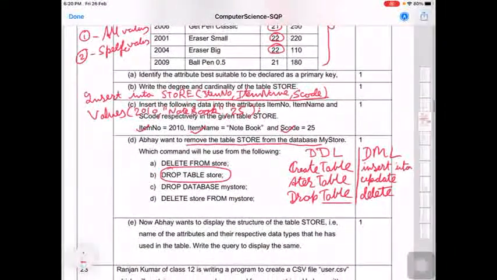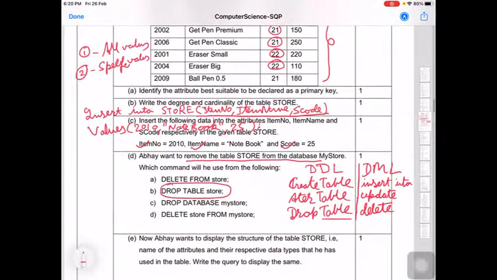Now the next question is, Abhay wants to display the structure of the table, meaning the names of the attributes and their respective data types. Okay, so here you want to describe the structure. So you have the describe command. This is a basic requirement before dealing with these SQL queries, the basic knowledge of SQL and its commands.